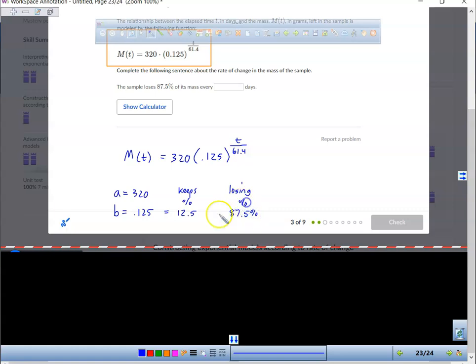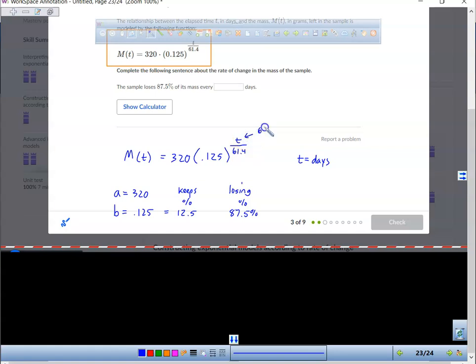87.5%. If it keeps 12.5%, it means it's losing 87.5%, but it's not happening every single day because t represents days. How many days does it take in order for it to lose 87.5%?